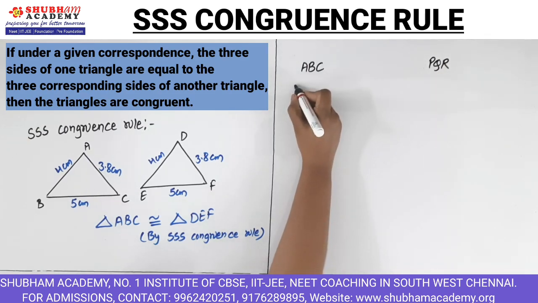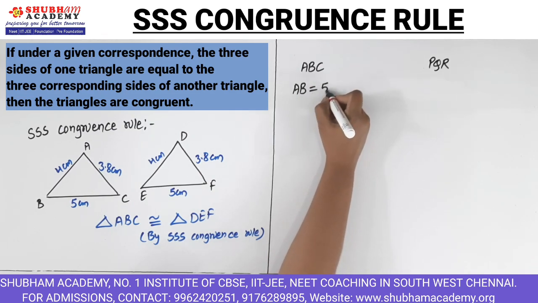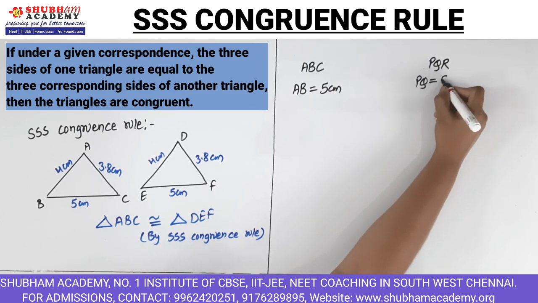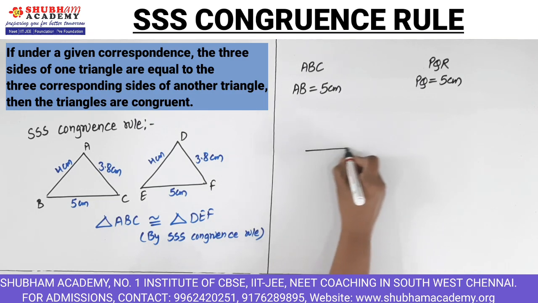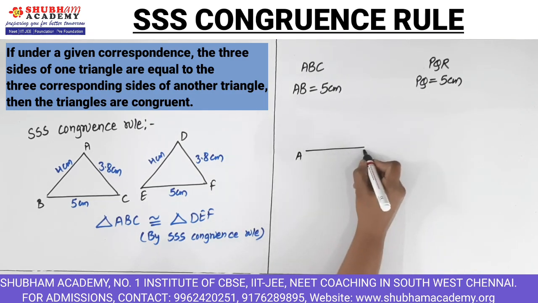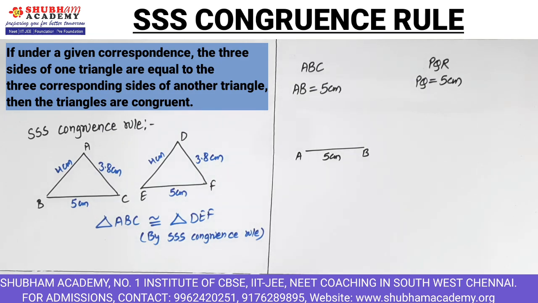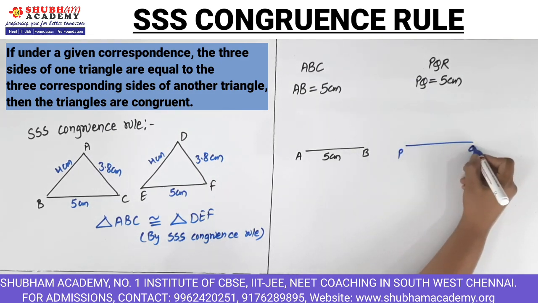For triangle ABC they have given me AB equals 5 centimeter and PQ also 5 centimeter. So can I say both the triangles are congruent? Let's try out. I am drawing here AB as 5 centimeter and PQ as 5 centimeter.